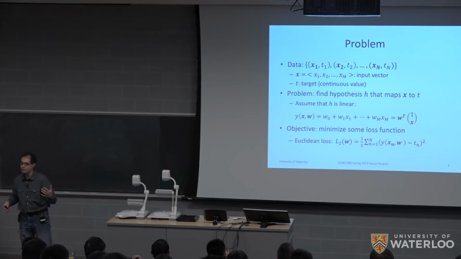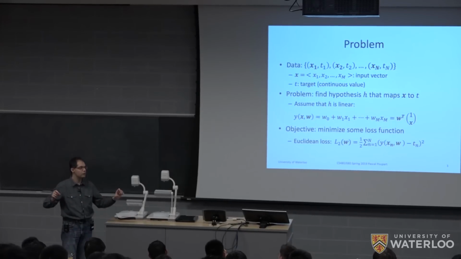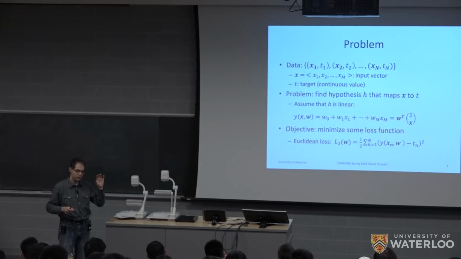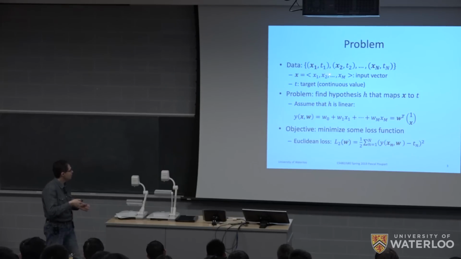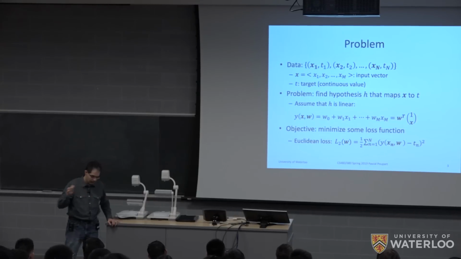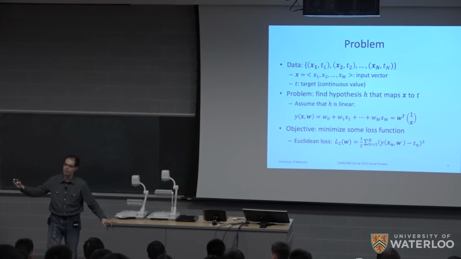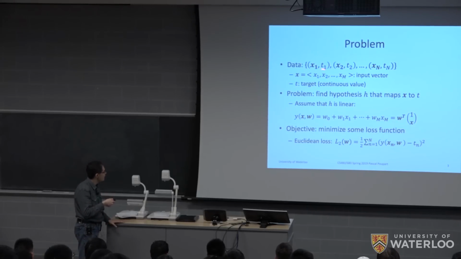For instance, in the problem of house valuation, x is going to be a vector of features that could indicate the number of bathrooms, the number of bedrooms, the size of the house, whether there's a finished basement, and so on. The target is going to be a numerical value, a continuous value. In the case of house valuation, it's a price. Here it's not bolded because it's just a scalar.